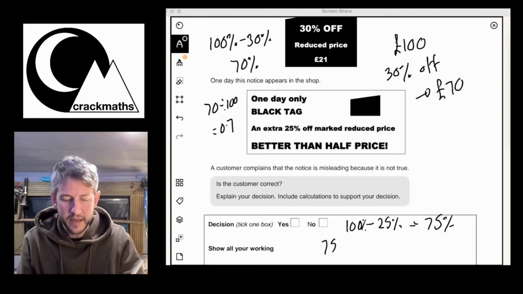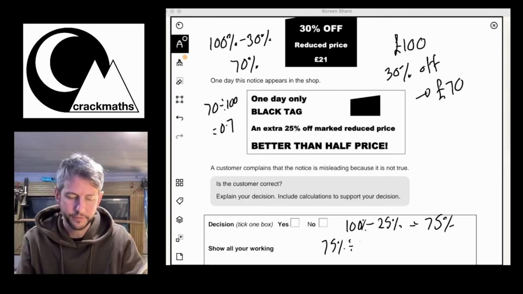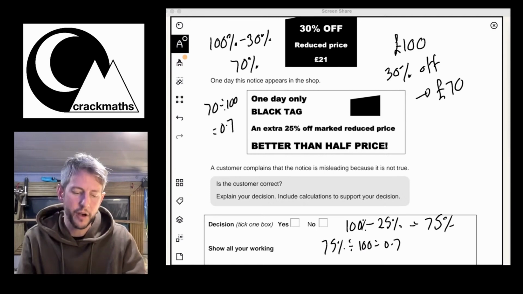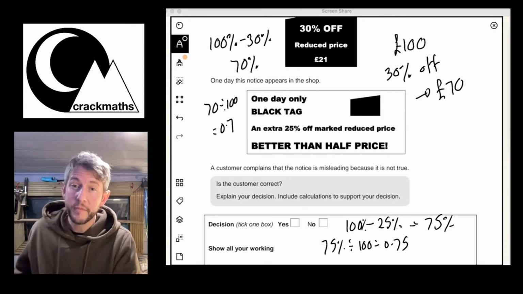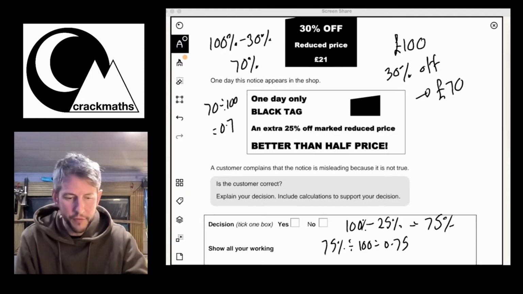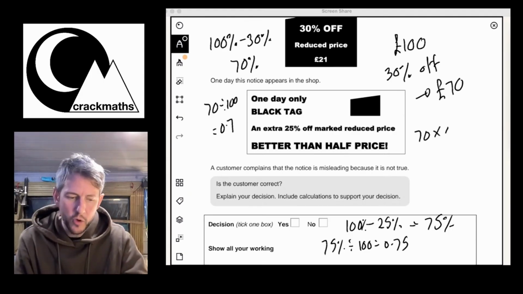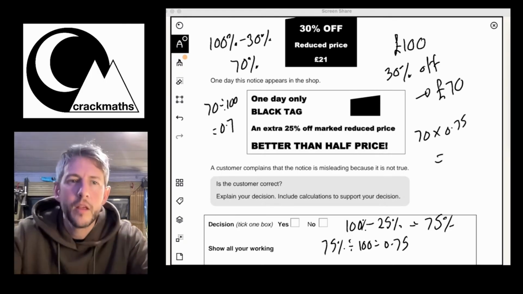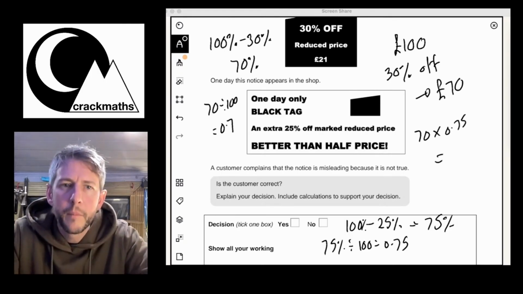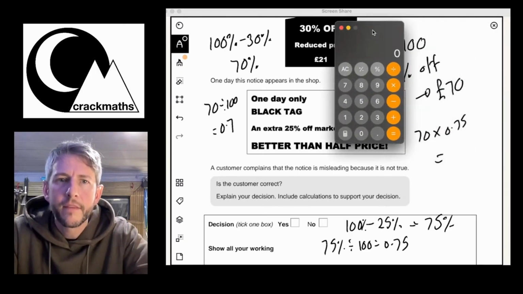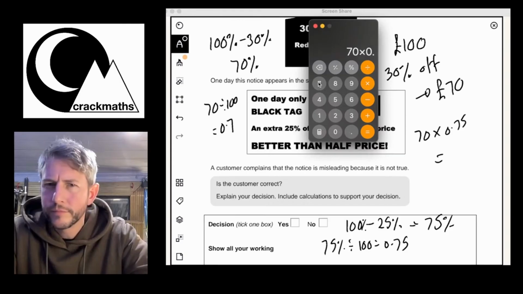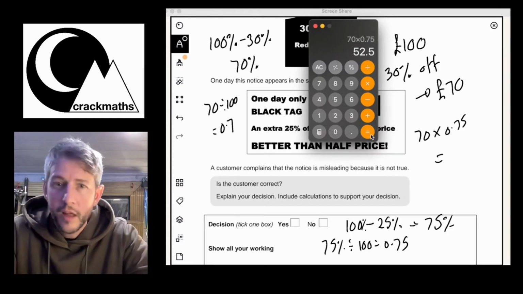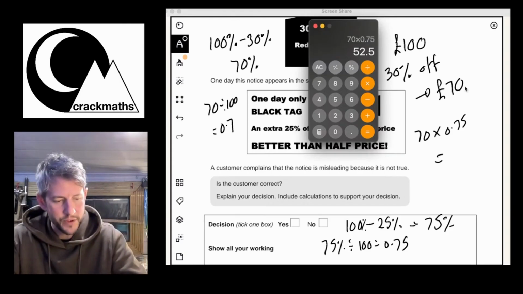So 75% divided by 100 equals 0.75. So you multiply it by 0.75. So let's do 70 times 0.75. Here we go. 70 times 0.75 equals £52.50.